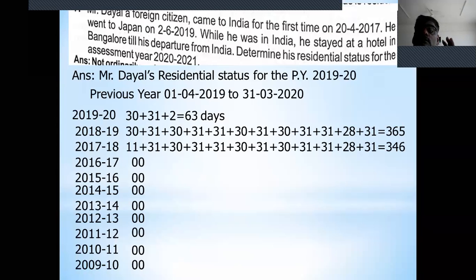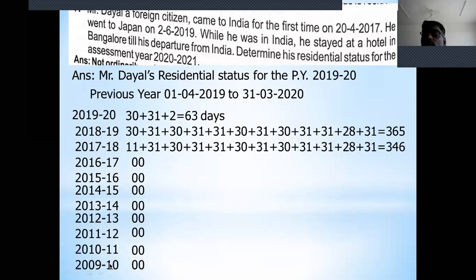Out of 10 previous years, he must be a resident of India for at least 2. These are the 10 previous years I recorded here: 2009-10 to 2018-19. Out of these 10, at least 2 means he must be a resident of India.